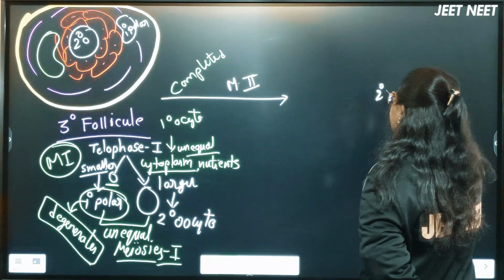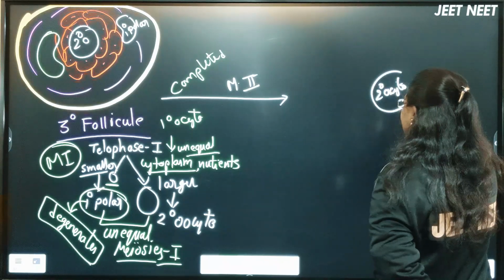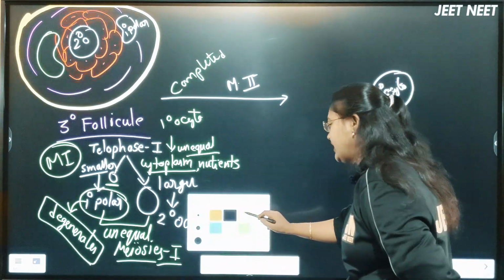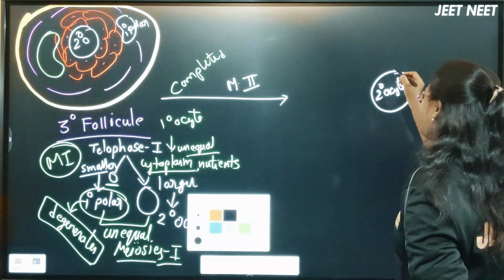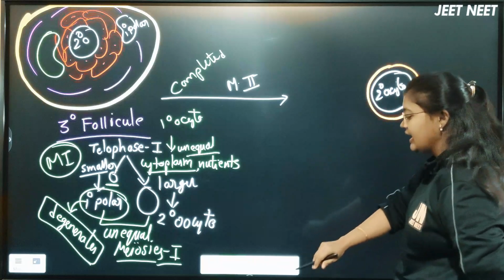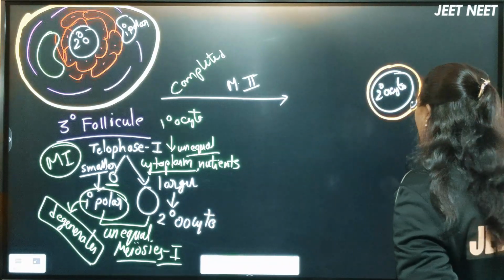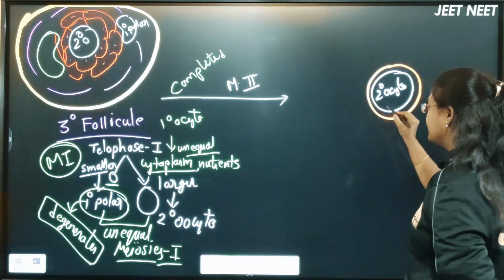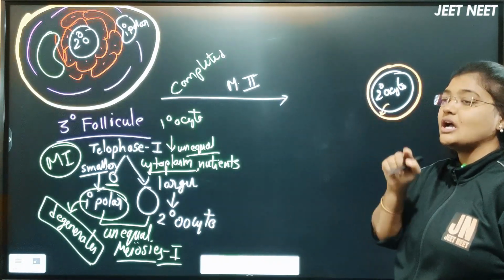Here there is a secondary oocyte on the inner side, surrounded by one very important layer, the zona pellucida. Who secretes this zona pellucida? The secondary oocyte itself secretes this layer.